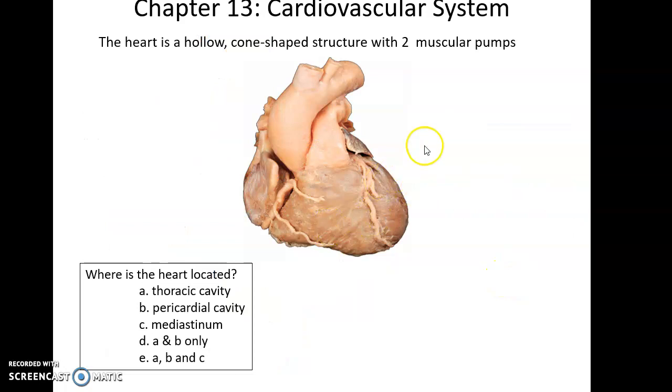All right, the heart is basically a hollow cone-shaped structure. It's basically two muscular pumps side by side, two different muscular pumps that happen to be forming the same structure. And where is the heart located? It is located in the thoracic cavity, in the pericardial cavity, and in the mediastinum.